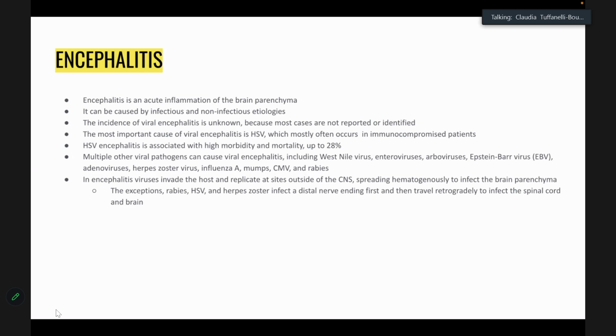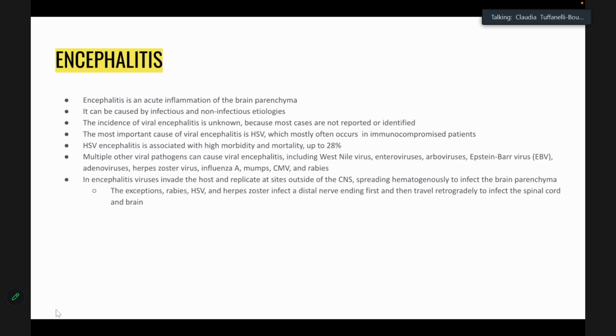There's a high risk of morbidity and mortality. So if this is encephalitis, remember that you have to treat, and we'll talk about the treatment.